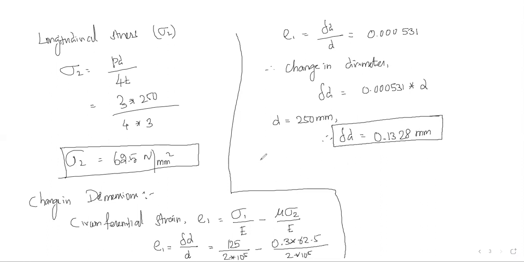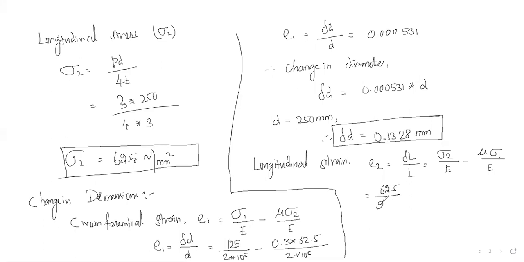Similarly, next I am going for the longitudinal strain, which is E2. E2 is nothing but change in length by original length. The formula becomes sigma 2 divided by E minus mu into sigma 1 divided by E. If I substitute these values, 62.5 divided by 2 into 10 to the power 5 minus 0.3 into 125 divided by 2 into 10 to the power 5.